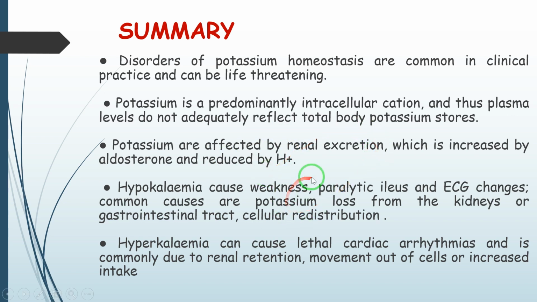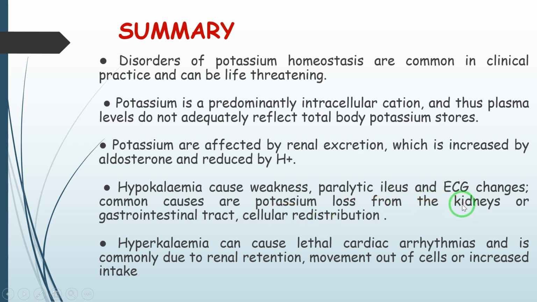Any abnormality of potassium, whether hypokalemia or hyperkalemia, may lead to muscle weakness. In case of hypokalemia, paralytic ileus and ECG changes. And the cause also reflects the main controlling mechanism, which is either the kidney or the GIT or cellular redistribution.